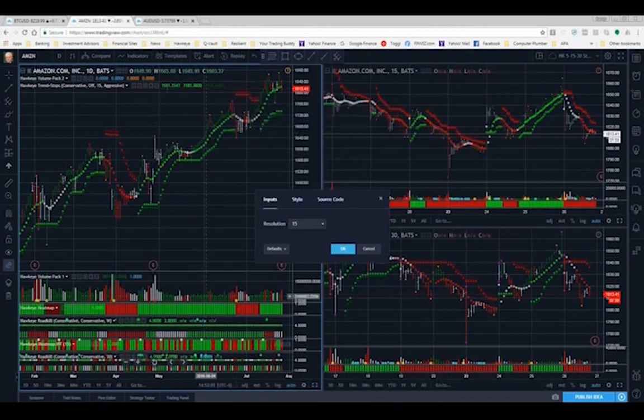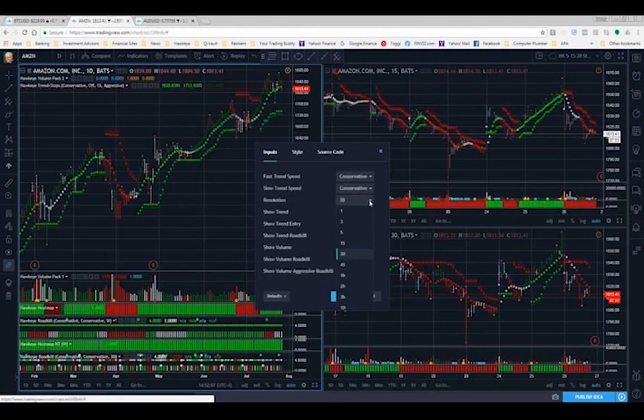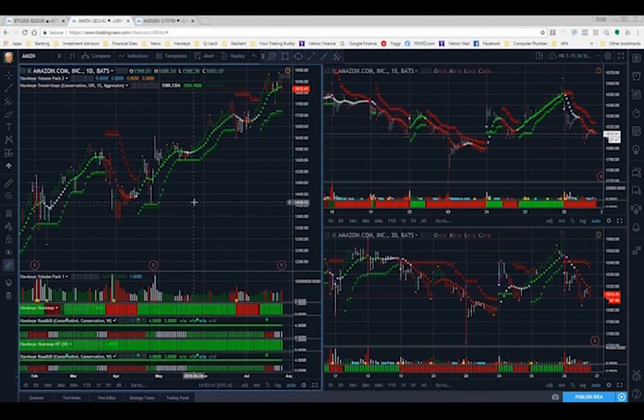On my heat map, I want to make sure I'm looking at the weekly heat map as well. And my second roadkill, I'm going to pull that up and look at a monthly. In this case, I don't have access to the monthly. I've got to load the other indicator in to pull up the monthly chart. So here you can see when the alignment occurs on multiple time frames, it gives you access to take those trades.